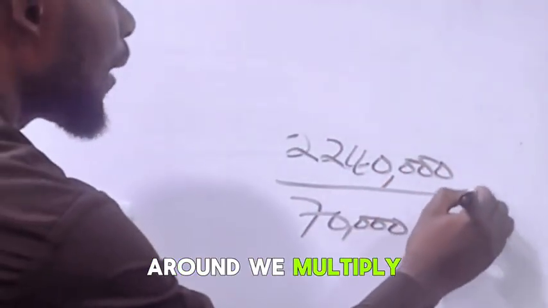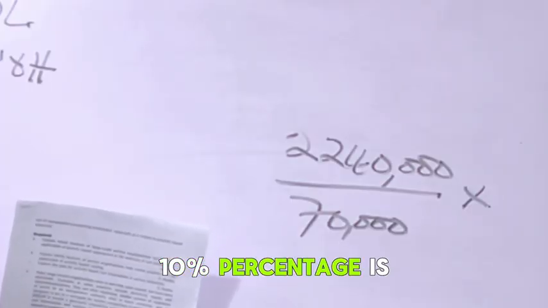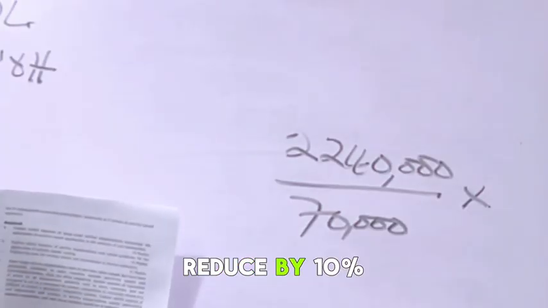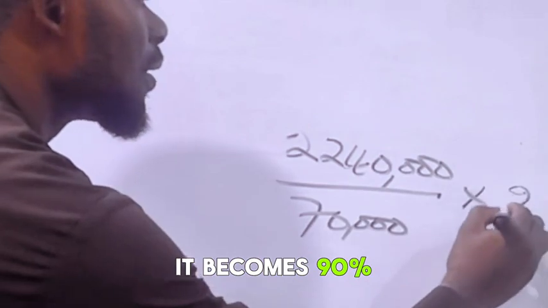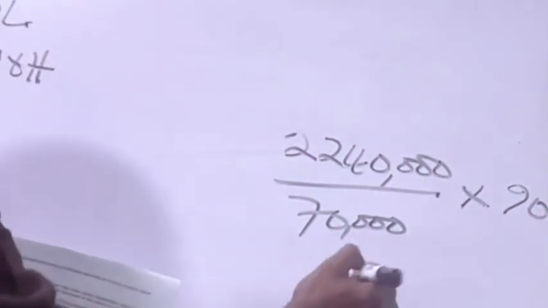This time around, we multiply by 90%, because when you reduce by 10% from 100, it becomes 90%.